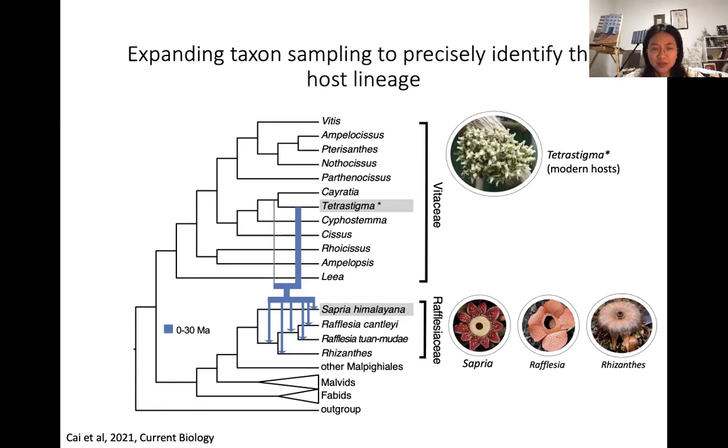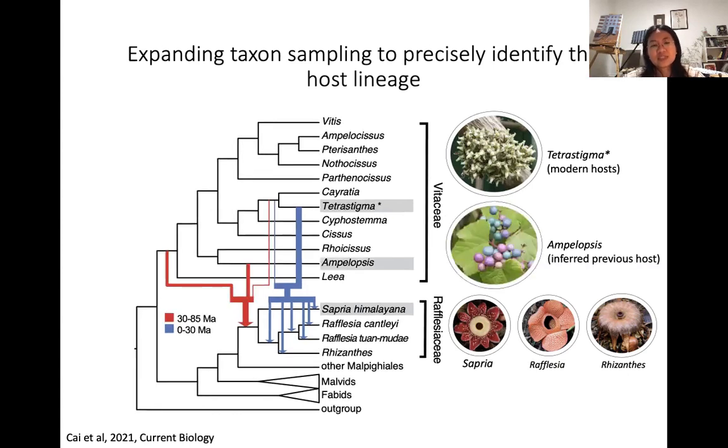However, for more ancient gene transfers that were shared by all 3 genera within Rafflesiaceae, that means these gene transfers took place in the common ancestor of Rafflesiaceae, so it is older. When we look at the donor lineages, we find a much more diverse distribution of the hosts.